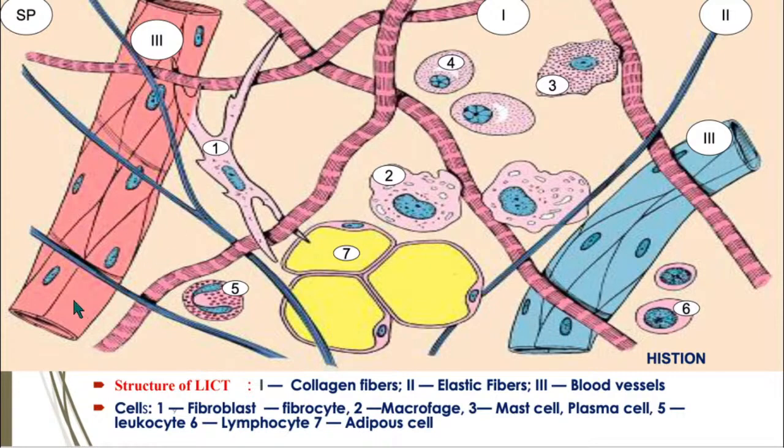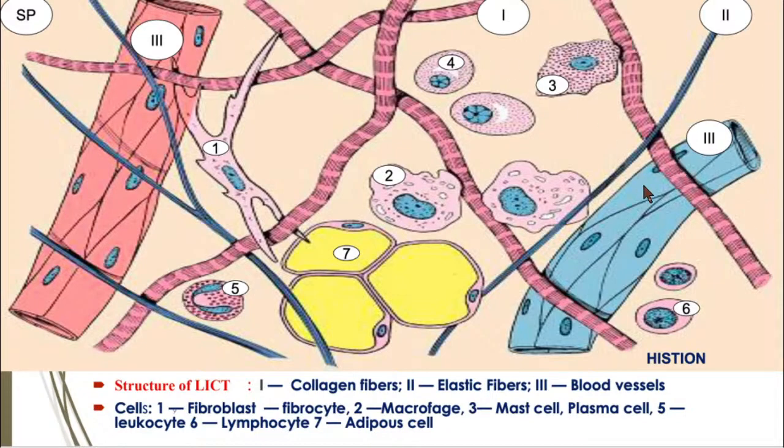From the left side, arterioles are very good visible. From the right side we have seen the venule. Between these, maybe it's not venule, sorry, maybe it's the arteriolar component of the microcirculatory bed and the venular component.